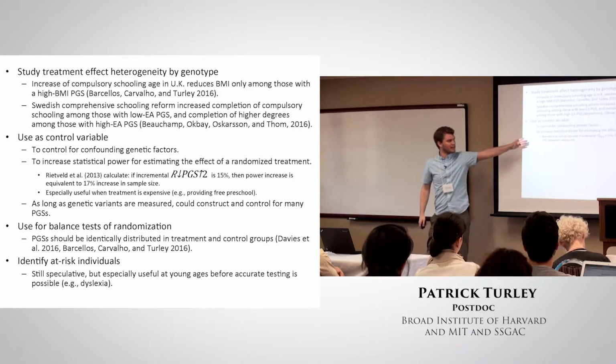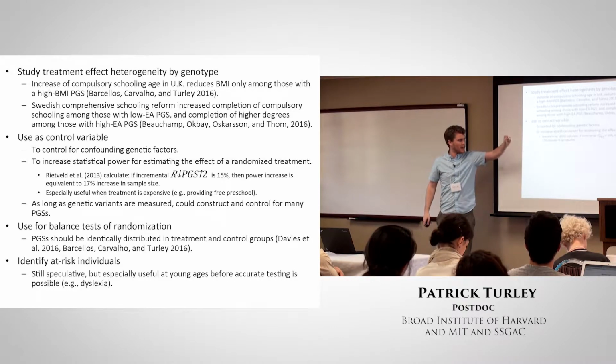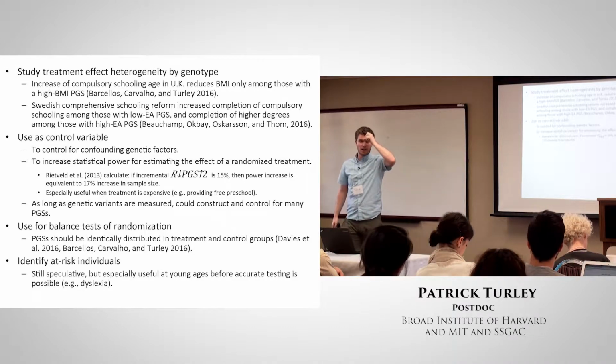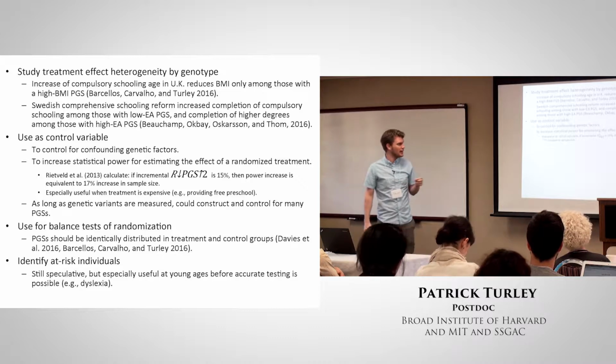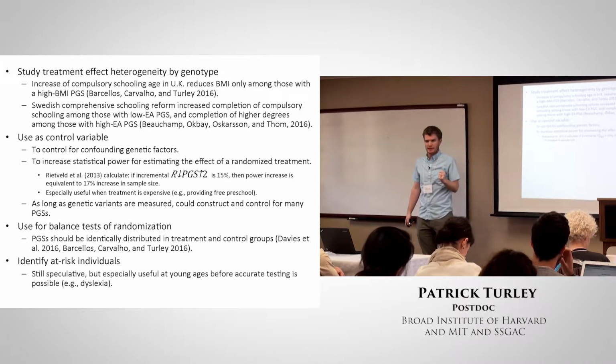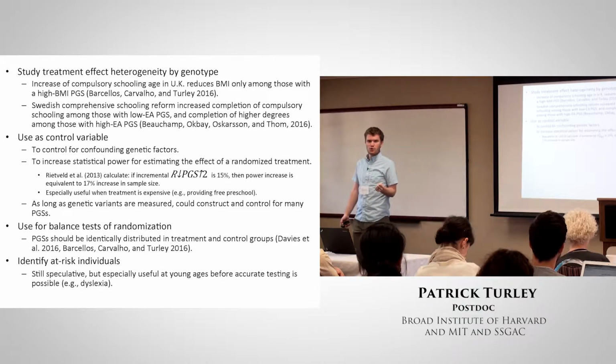For example, in Rietveld, he did a calculation that if the polygenic score has an R squared of just 15%, then that power increase that you get is the same as increasing your sample size by 17%. And so this is a way to boost power.